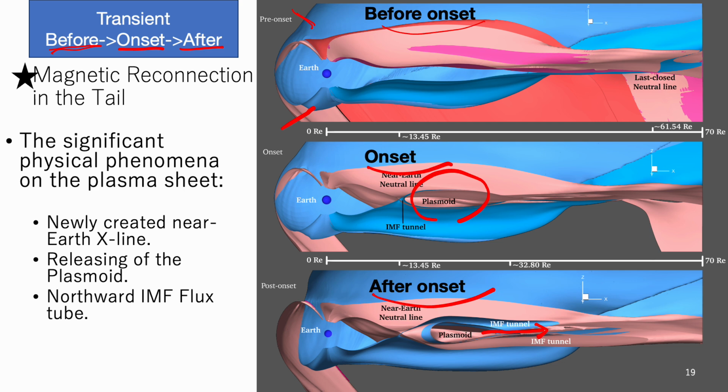However, during the onset, we have more nulls to form different separatrices. This is a cross section of the topologies just before the onset, at onset, and after onset. What we can see here is that a plasmoid is formed at the onset, and this plasmoid moves tailward after the onset.